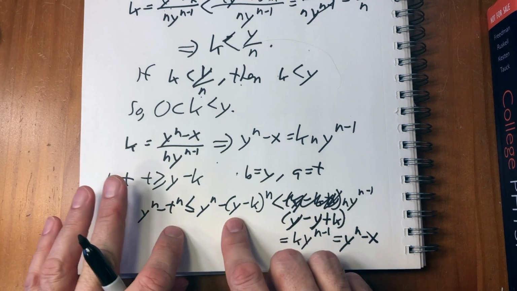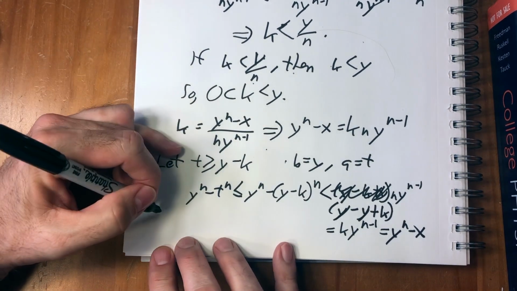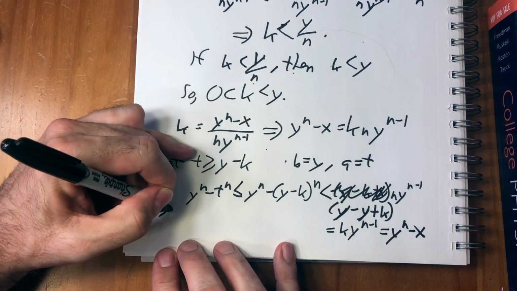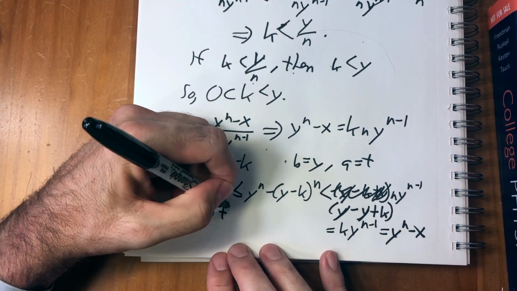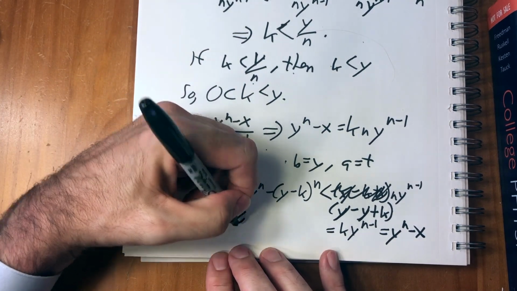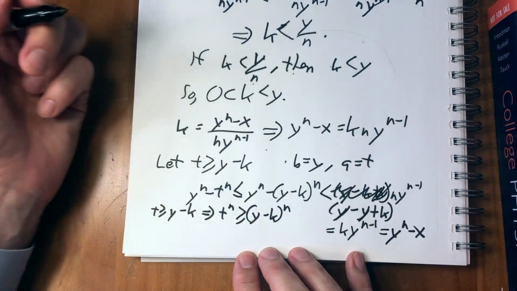So to see this, we have that t is greater than or equal to y minus k. Just do it over here in the corner. So t is greater than or equal to y minus k. That implies that t to the n is greater than or equal to (y minus k) to the n.